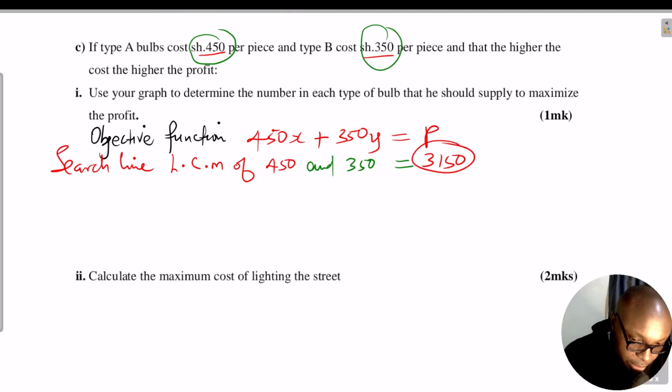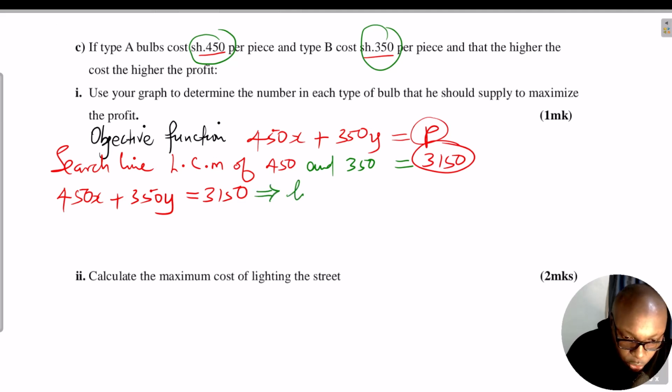After getting the least common multiple, you take the objective function, 450x plus 350y equals P, where P is given by that 150, the LCM that you got. This is the line that you're going to draw to either maximize or minimize. In this case, we are maximizing.